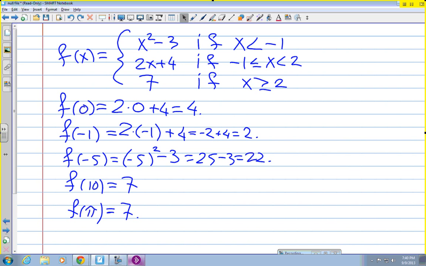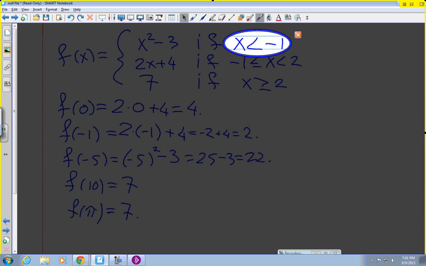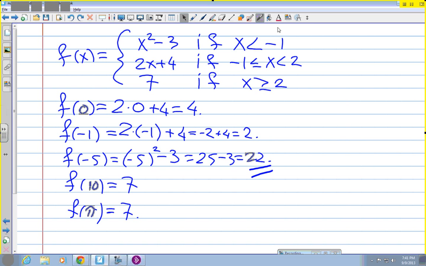Right, because x is -5, and I'm just looking at which part it satisfies. So -5 is less than -1. Oh, no, 22 is what you get out of it. The value of the function could be anything and does not relate to those inputs anymore. It could be whatever. But it all depends on the value of x, and that will tell you where it goes. Okay? All right, good.